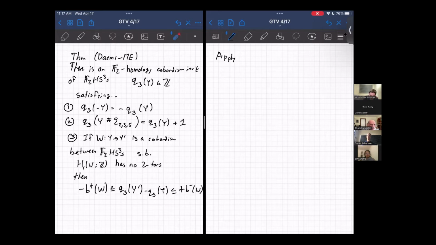As a quick remark about a topological application, but again, I'm mostly going to focus on the gauge theory here.